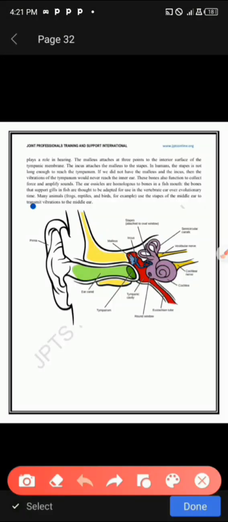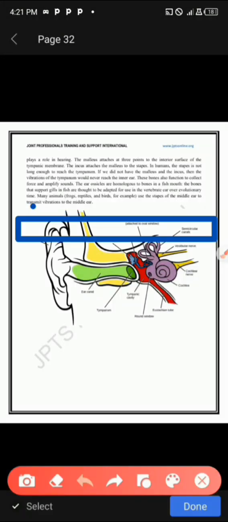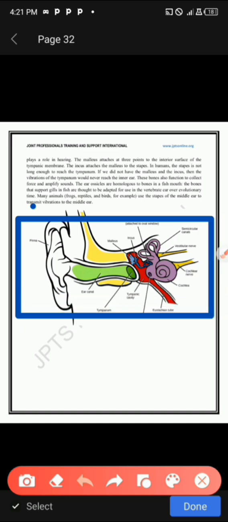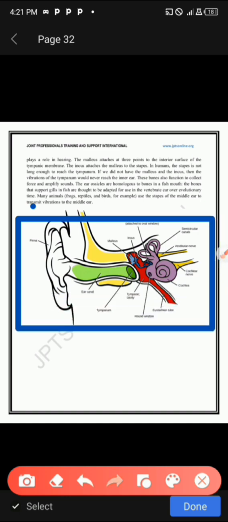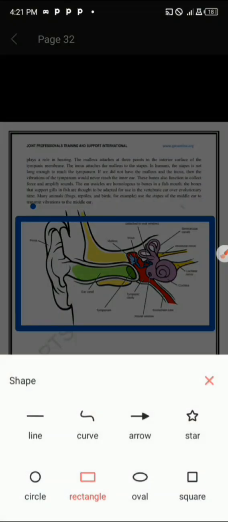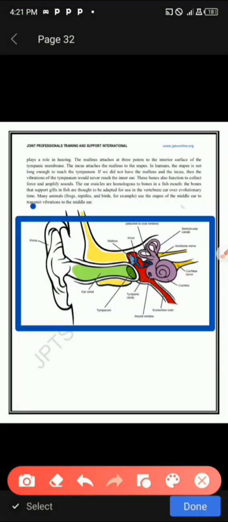If we do not have the malleus and the incus, then the vibration of the tympanum will never reach the inner ear. Look at it diagrammatically. Look at the ear canal. Look at the tympanum.